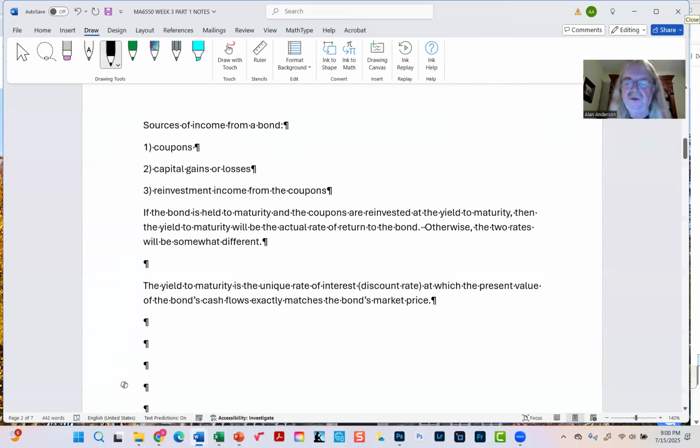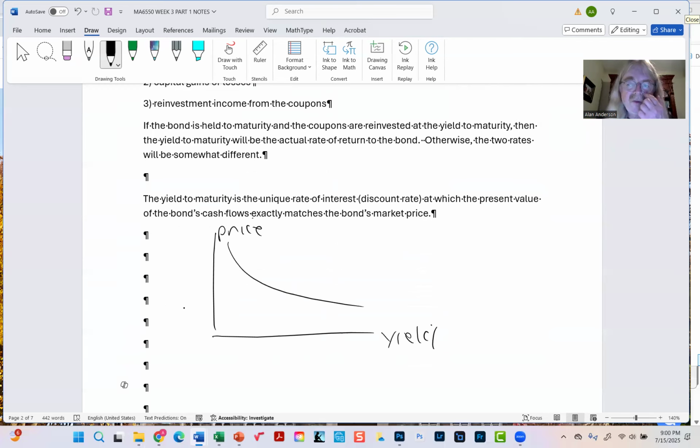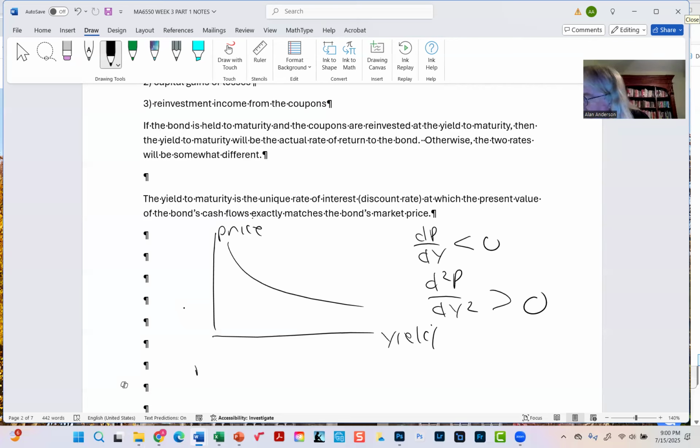Okay? Remember the price yield curve that we identified earlier. This is the convex function where the first derivative is negative, the second derivative is positive. And because of that, and also because, if you notice, it is a smooth continuous function, it is in fact monotonically decreasing.